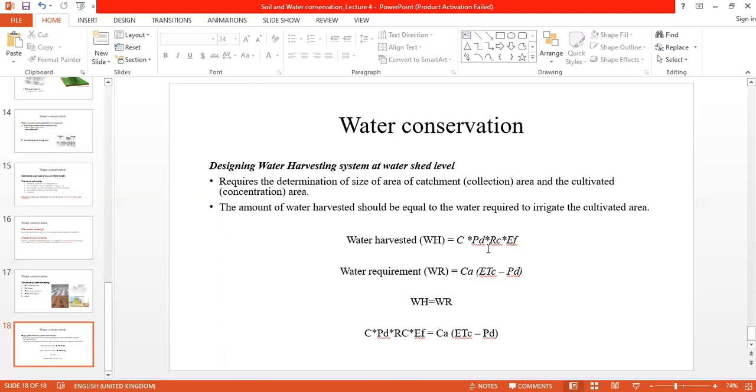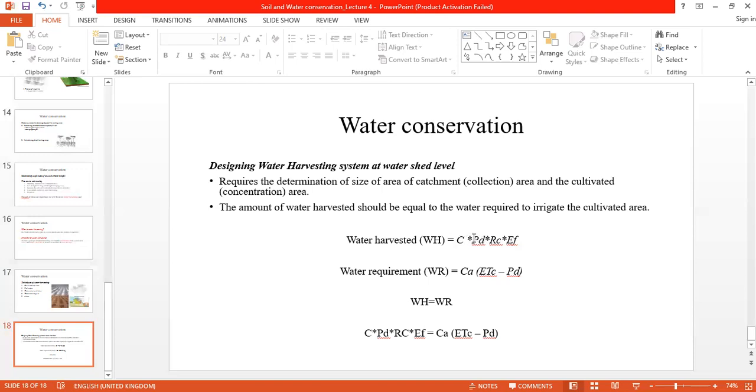If we have an amount of rainfall in an area, for example, in Southern Province, where we usually have an average amount of rainfall of this much, when that rainfall falls, you have your catchment area. So when you multiply the area times the amount of rainfall, you get the volume.